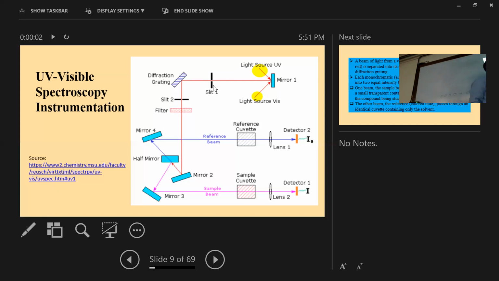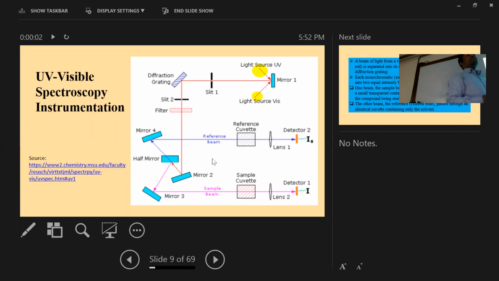Now this is another new word, half mirror. What is the meaning of half mirror? Any idea from those who are online? Anyone? Okay, that is very simple.